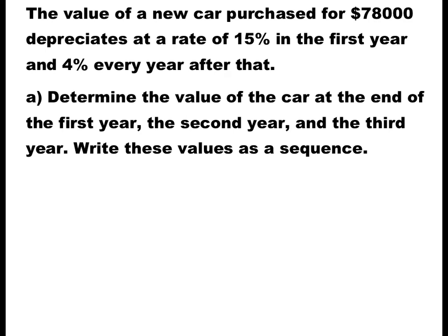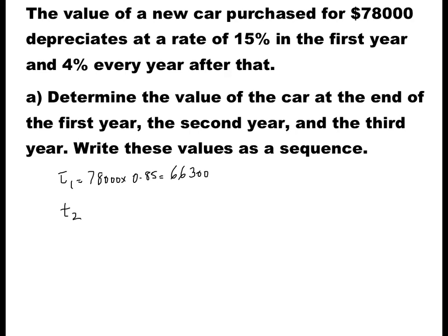The first year, let's call it T sub 1, the value goes down by 15%, so what is left is 100% minus 15%, which is 85%. 85% is 0.85. So T1 is 78,000 times 0.85, which gives us $66,300 as the value of the car.